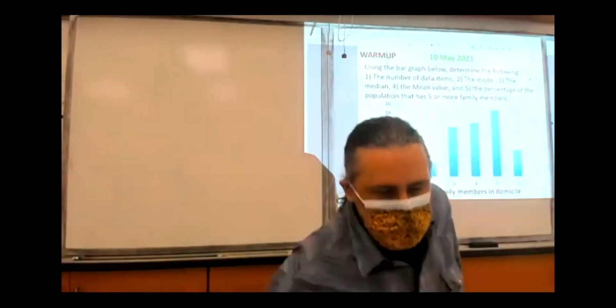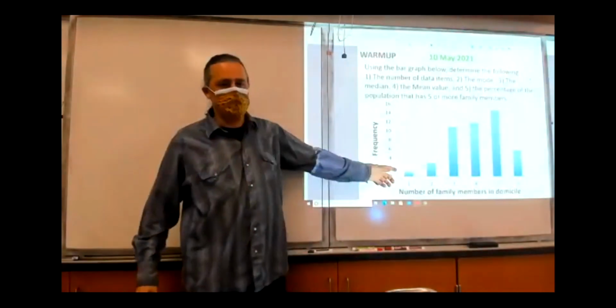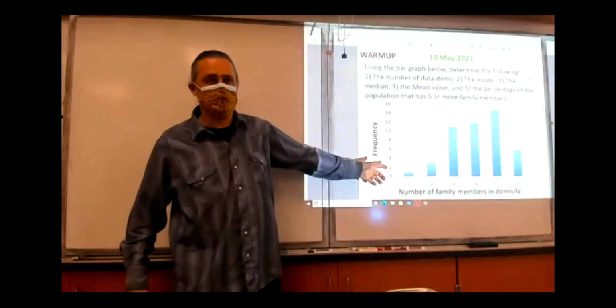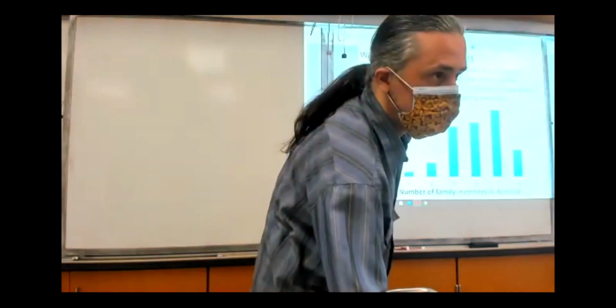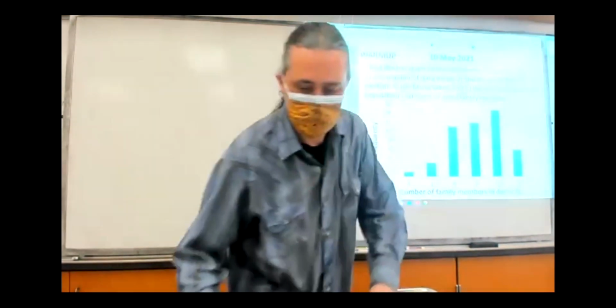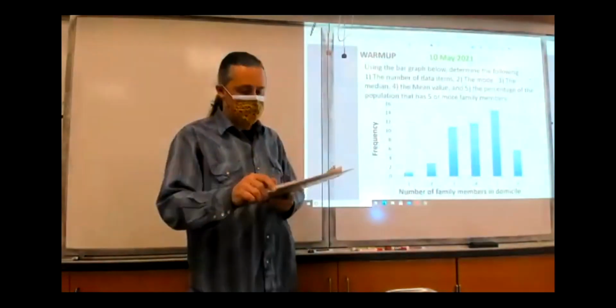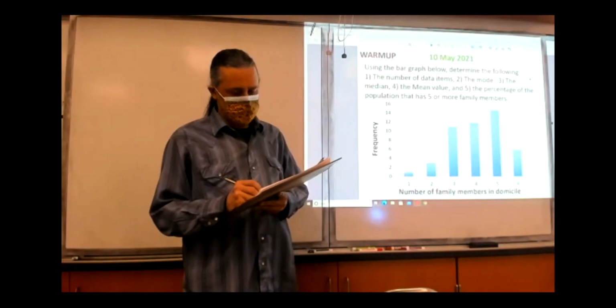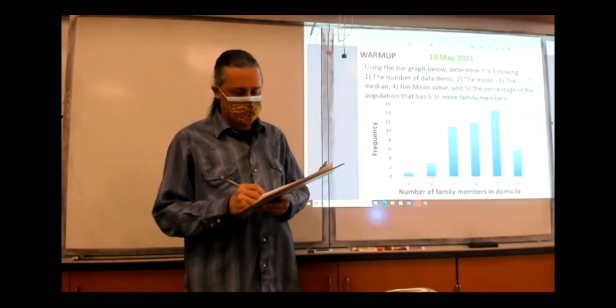All right, so the first thing we want to do is count how many people are represented by this bar graph display of data. And that's just basically finding the frequencies represented by each bar and adding those frequencies up.